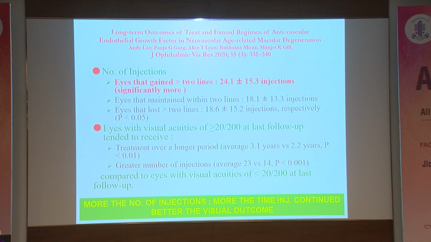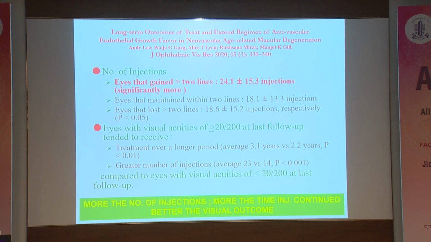The eyes that gained more than 2 lines, they got more injections. So basically, the eyes that got more injections, the eyes that were followed up with more time, the eyes which were treated on time, they were the eyes that gained. It did not matter whether it was aflibercept, ranibizumab or bevacizumab.